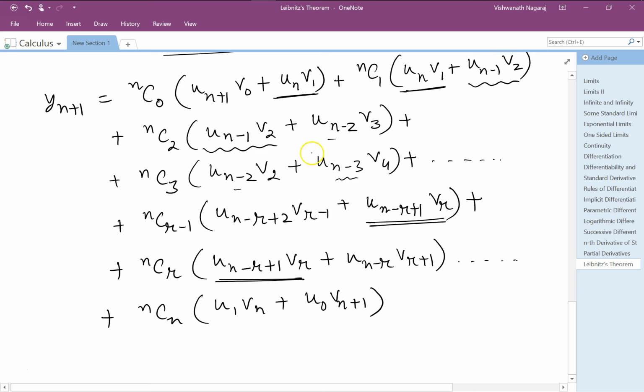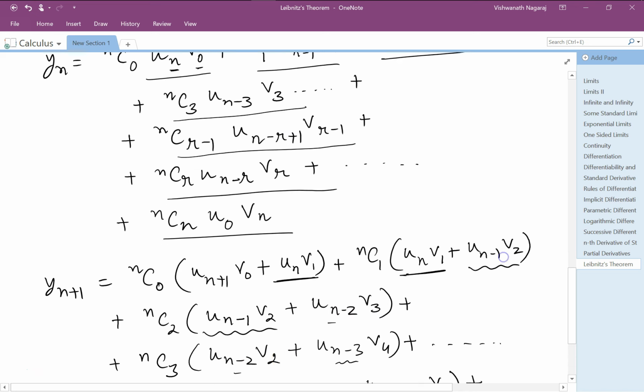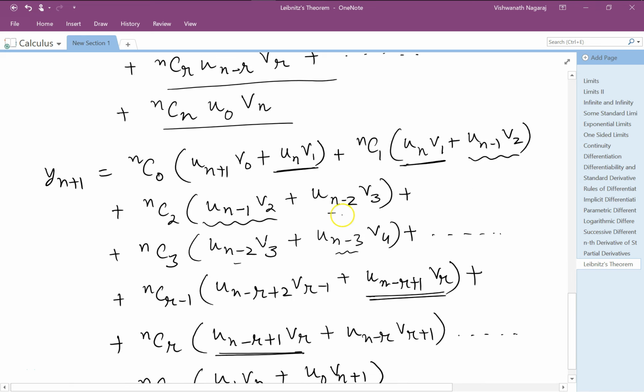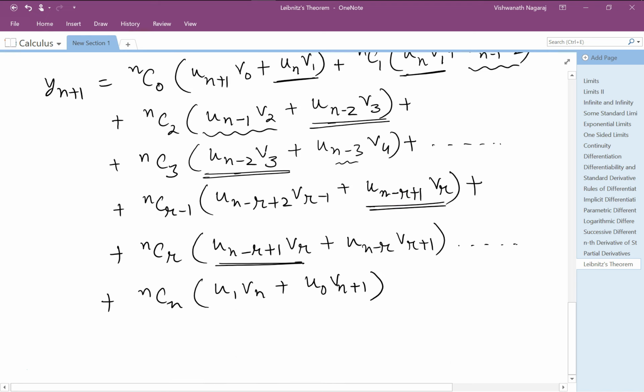Now the only thing that is spoiling the pattern is this un minus 2 v3 and un minus 2 v2, it is coming. So let's verify that. So here n minus 3, n minus 2, v3 should come as it is. This should be as it is. So now this becomes like terms, right?